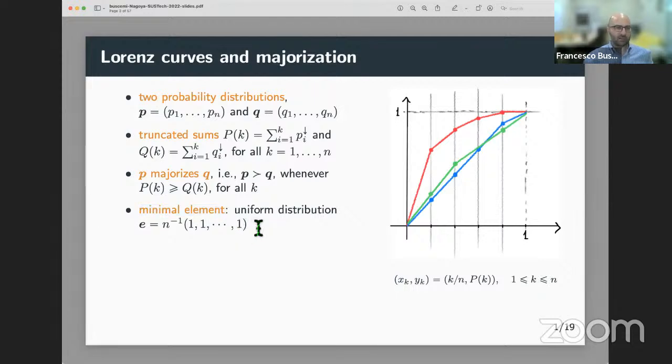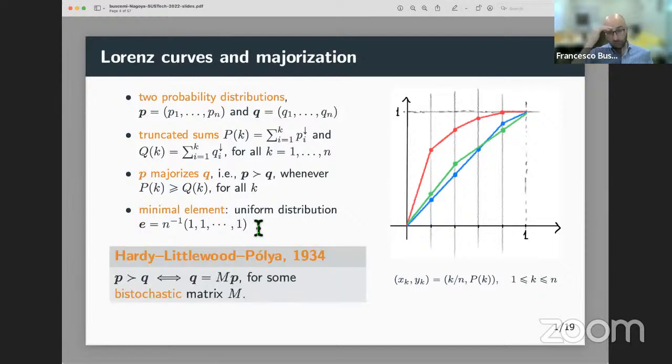But this preordering is nice mainly because of a famous theorem by Hardy, Littlewood, and Pólya that appeared in their book Inequalities in 1934, that says that this preorder of majorization is equivalent to the fact that there exists a bistochastic matrix M that transforms P into Q. What does bistochastic mean?